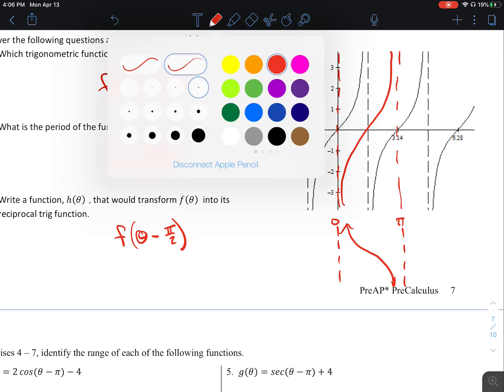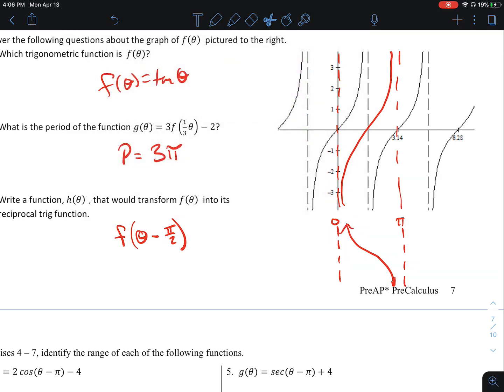So from what I'm showing you up here, this gets things lined up as far as the asymptotes, but the curve is wrong. The curve that I have right now for tangent is below the midline, then goes above, but cotangent's above, then goes below. So how can I fix that?